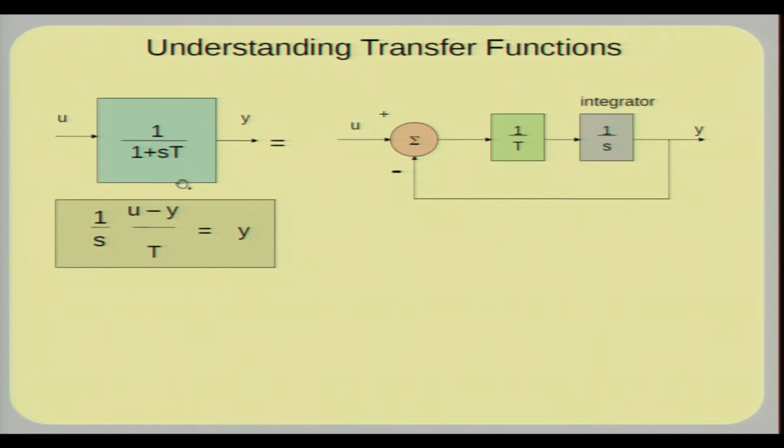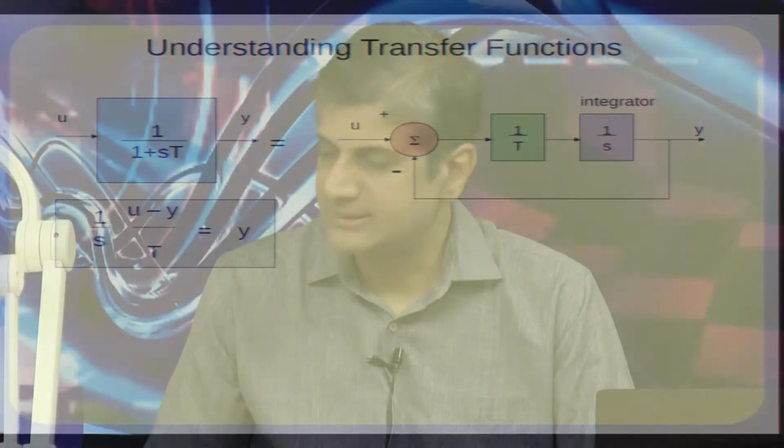You can represent 1 upon 1 plus sT as 1 upon s, u minus y by T is equal to y. In fact, how does this actually come about? Because remember, what does this s represent? S is in fact, if you have done Laplace transformation, you know that this is the Laplace variable or the frequency variable.